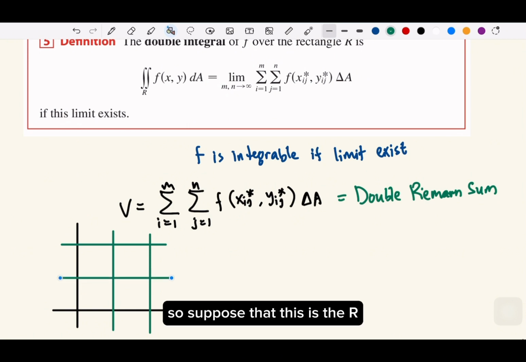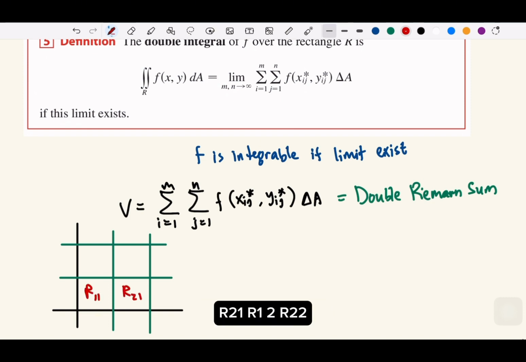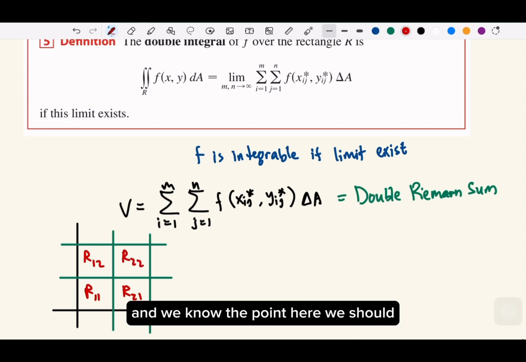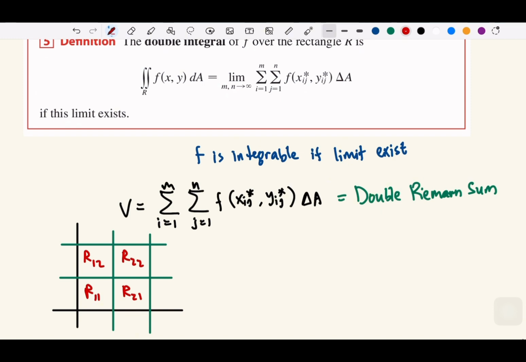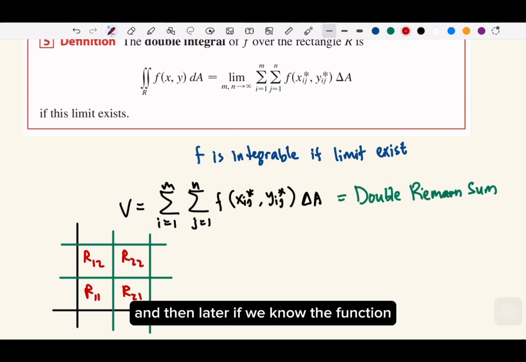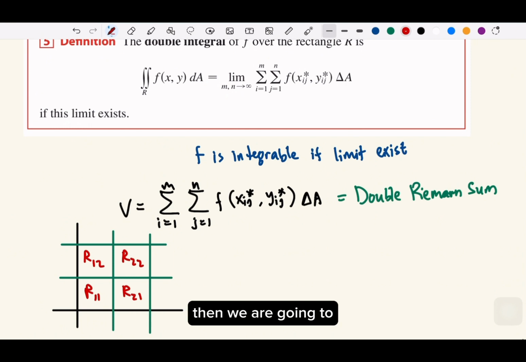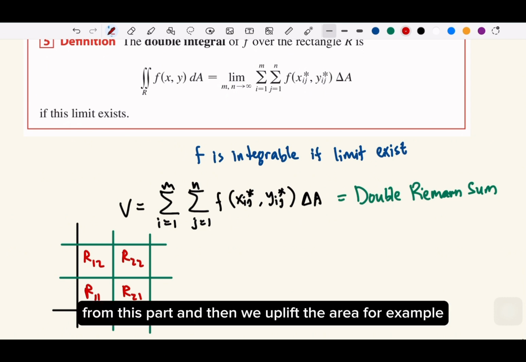Suppose that this is the R, and let's say this is R11, R21, R12, R22. We know the points here, which means we are going to calculate the area, which will be the delta A. And later, if we know the function, we put all x, y values from this part in, and then we calculate.